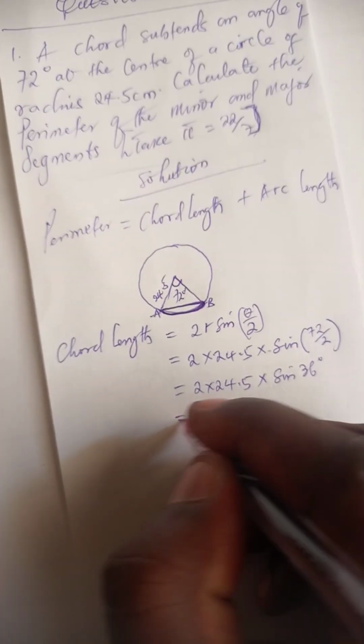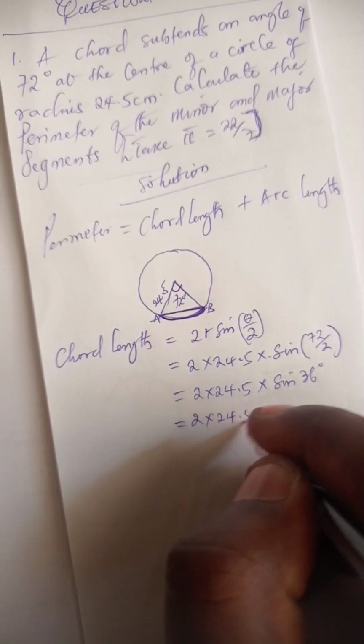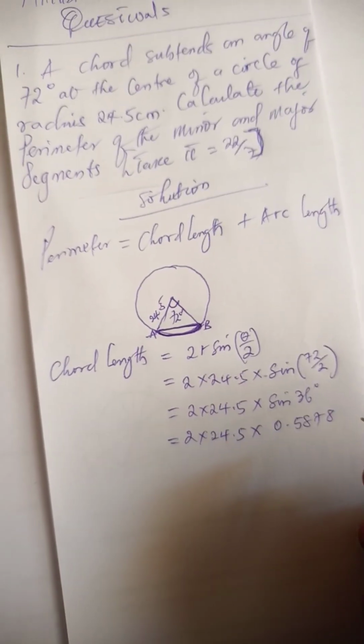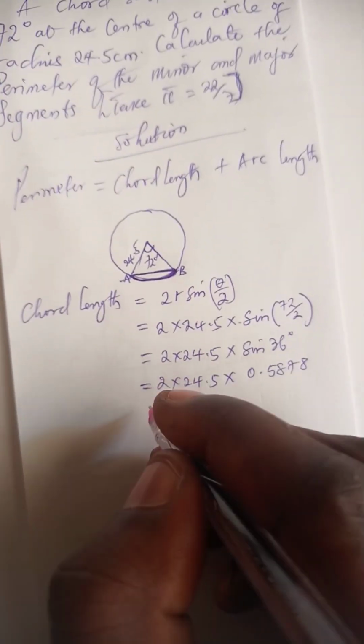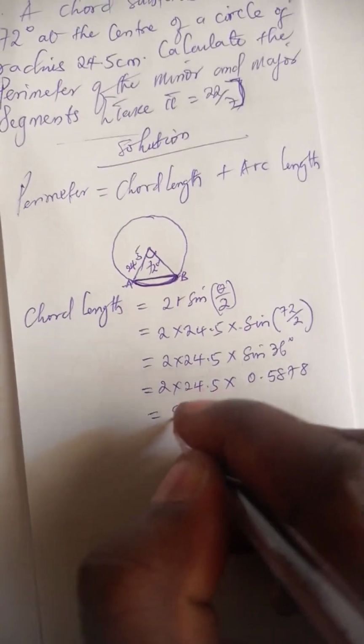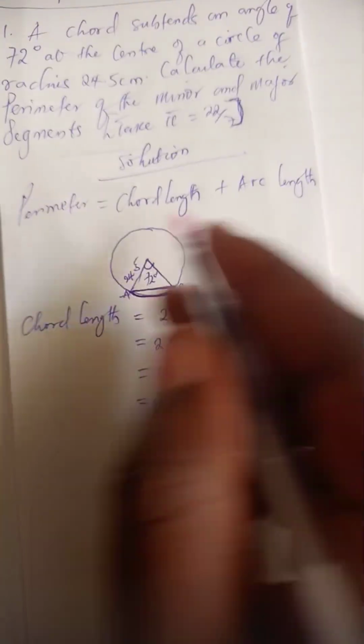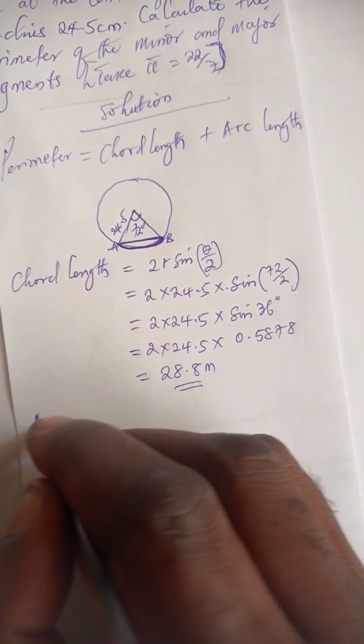And we know that sine 36 degrees has a value, so let's insert the value. It will give us 0.5878. So when we complete the multiplication, we'll then be having 28.8 meters.